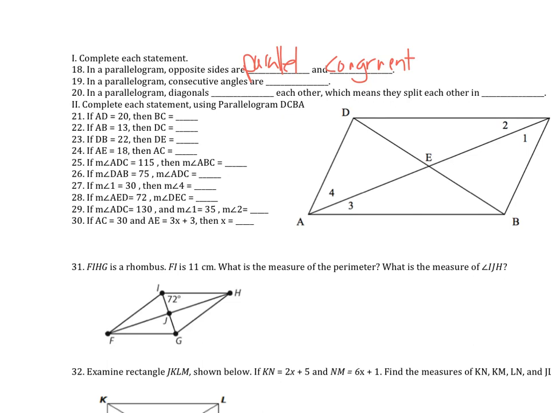In a parallelogram, consecutive angles are supplementary. So that means they add to 180. In a parallelogram, diagonals bisect each other, which means they split each other in half.